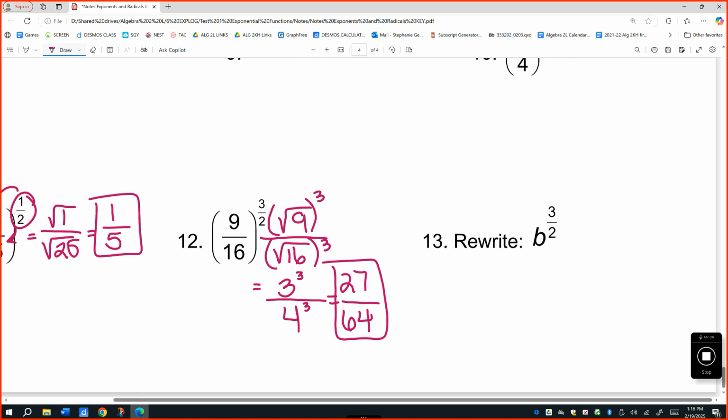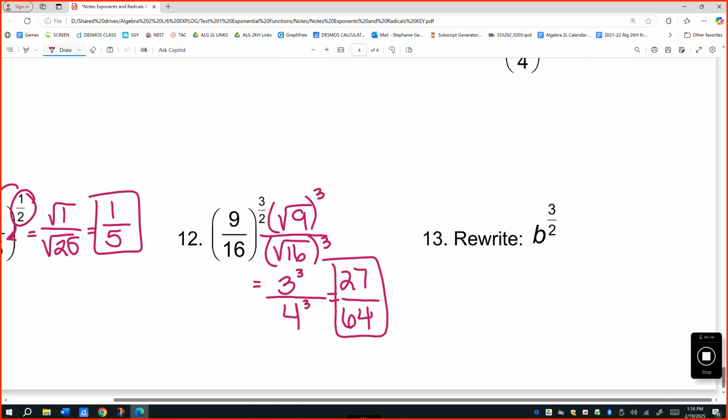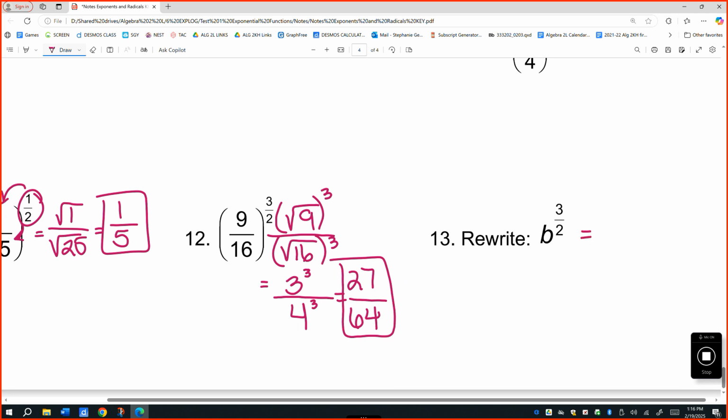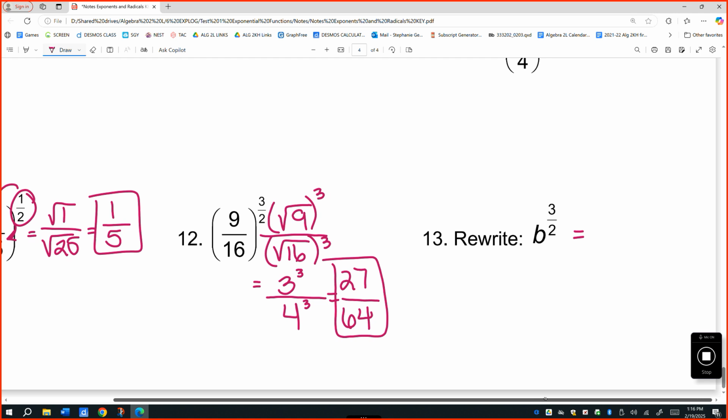Okay, and we'll do one last one because number 13 is a lot like one of your slides on your assignment. Okay, so this says rewrite because we can't get a number answer like we could over here. Okay, so we're gonna rewrite this in a few ways. Okay, first way would be just like we did here.